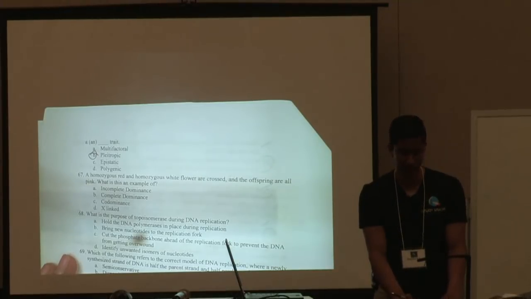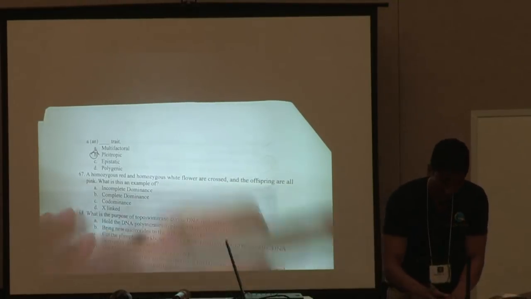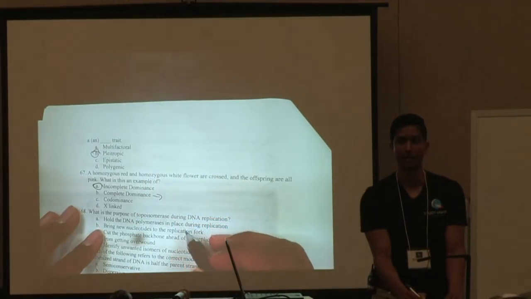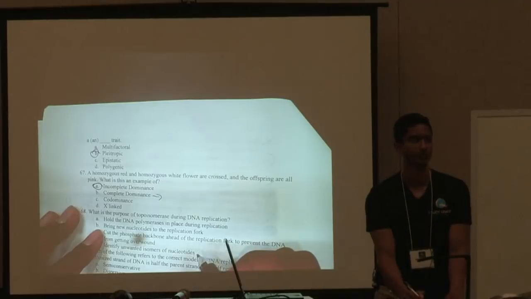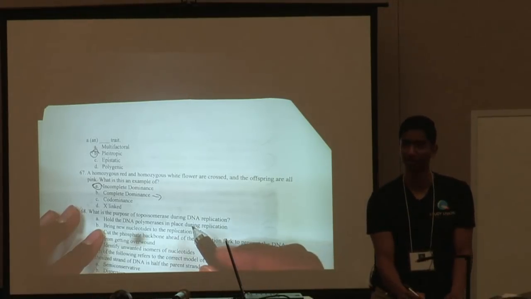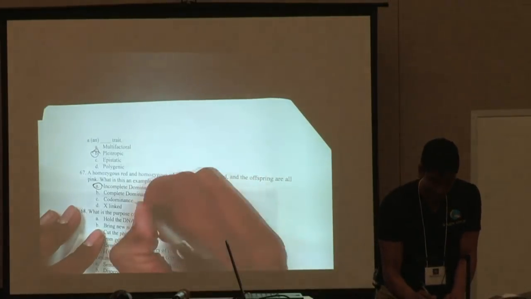A homozygous red and homozygous white flower are crossed, and the offspring are all pink. What is this an example of? Incomplete dominance. Good. What would complete dominance look like if this was a complete dominant trait? It would be like red with white spots, or the opposite, right? They're both expressed. Or sorry, no, that is codominance.